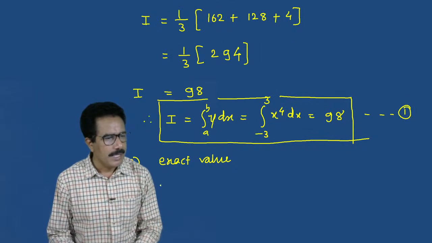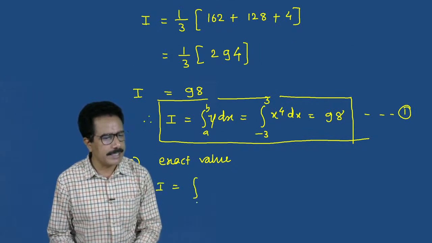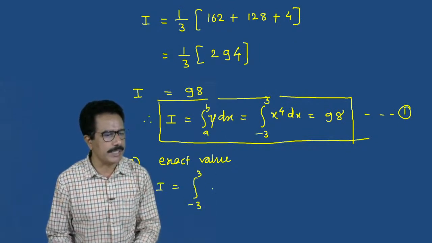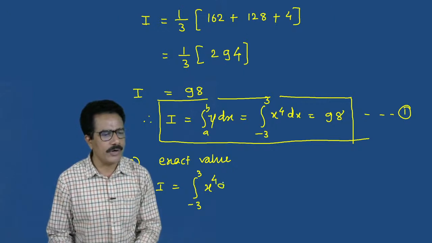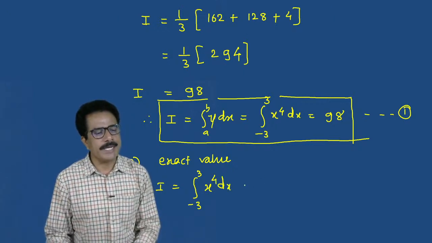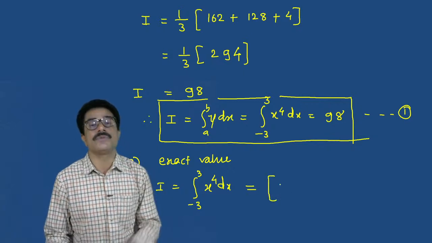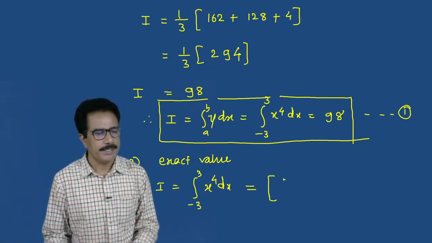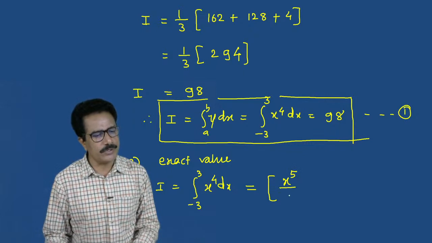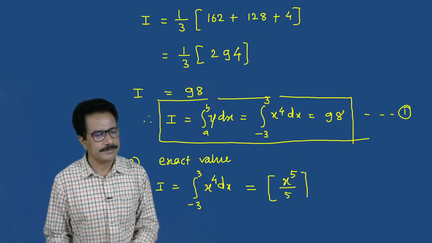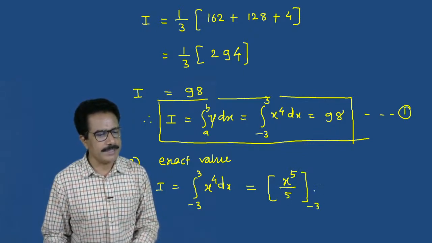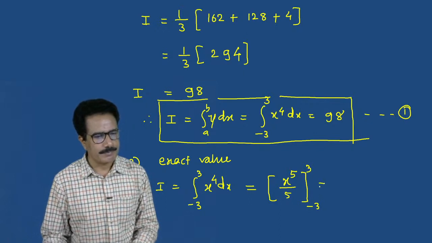So I is equal to integral from -3 to 3 x raised to 4 dx. Now you tell me student, what is the direct formula for x raised to 4. इंटिग्रेशन चा फॉर्म्युला काय. x raised to 5 divided by 5 from -3 to 3.